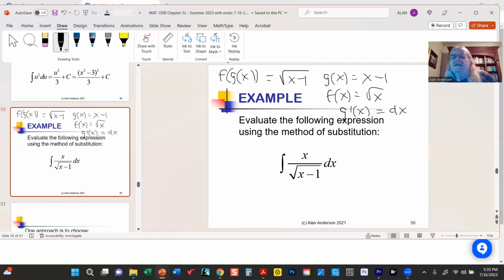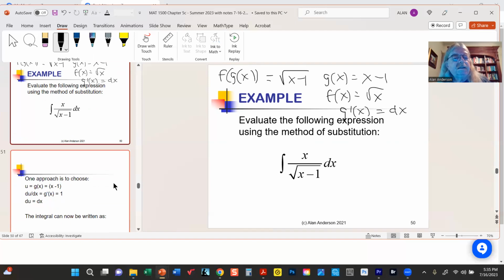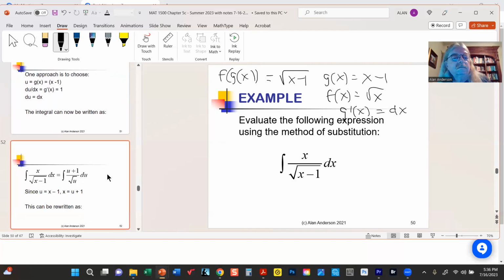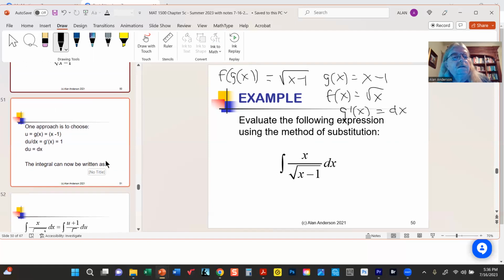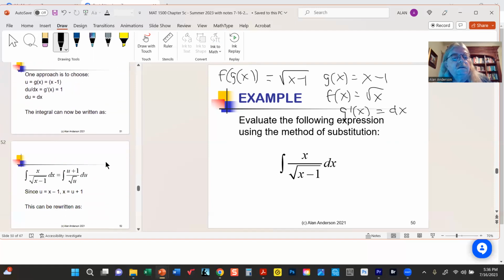Now, you can see there's a problem here. See, this one's a little tricky, isn't it?